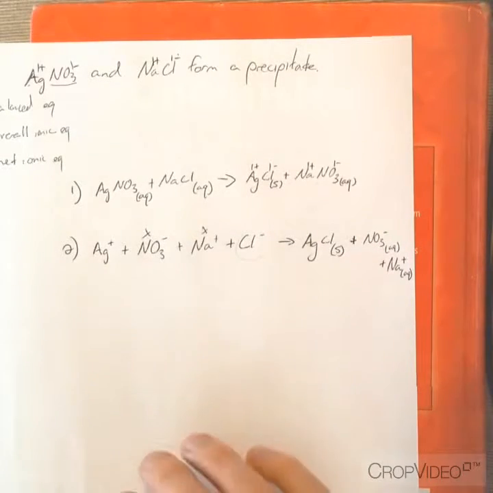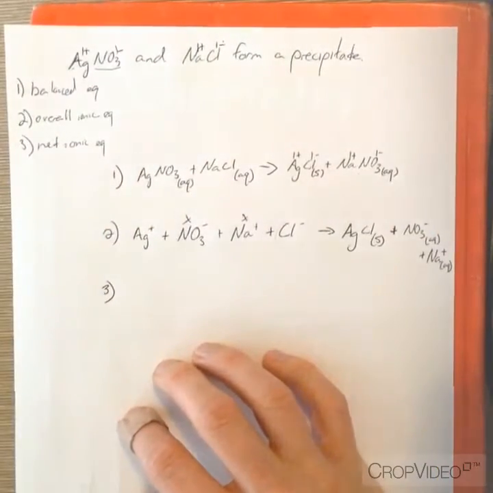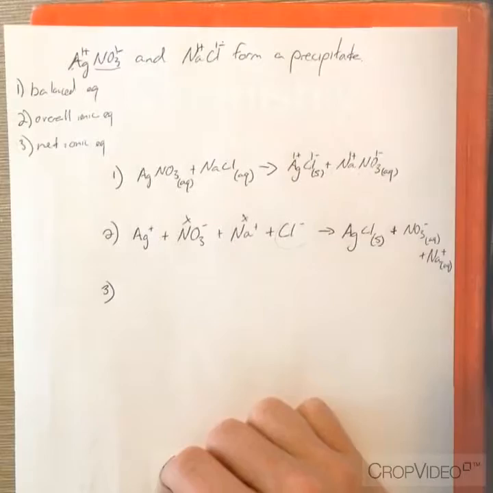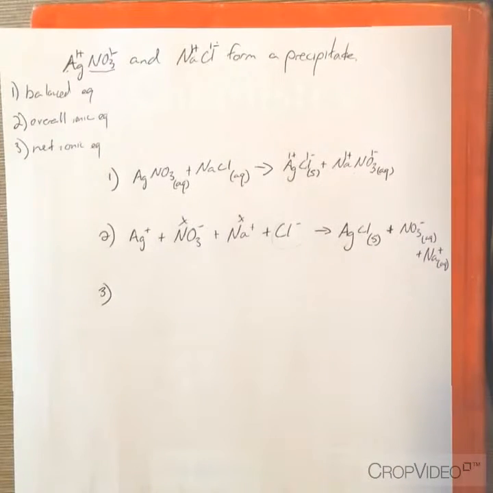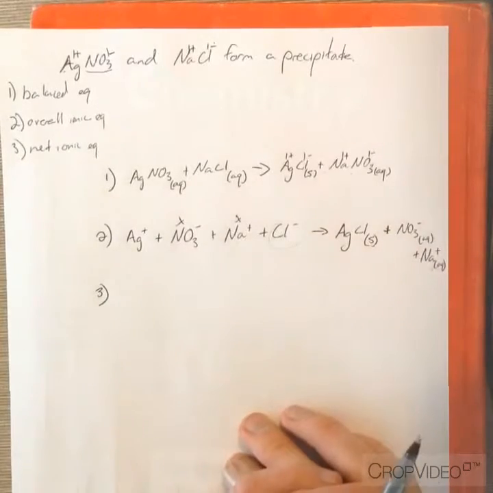Okay. Number 3, net ionic equation. Net ionic equation is really just like, all right, get to the point here. What exactly do we have going on? So that eliminates any sort of ions that didn't form anything in step 2.